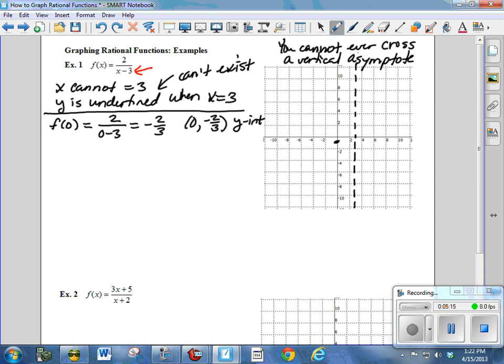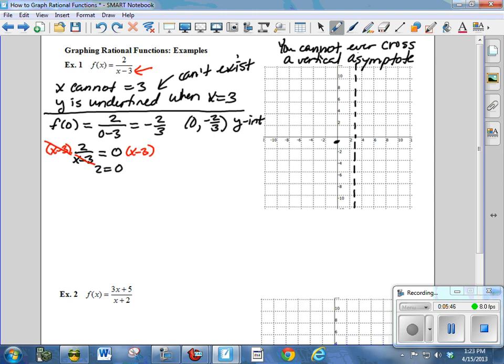Now what about setting the function equal to 0? So 2 over x minus 3 equals 0. Well, if I were going to solve that, I'm going to multiply both sides of the equation by x minus 3 to get rid of what's in the denominator. And what I end up with is 2 equals 0. Basically saying there is no value of x that I can put in.